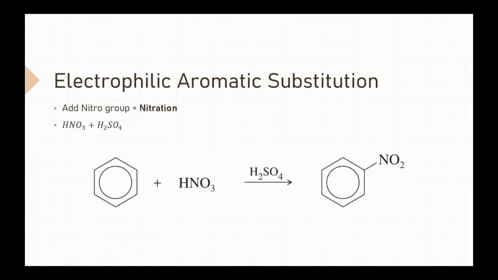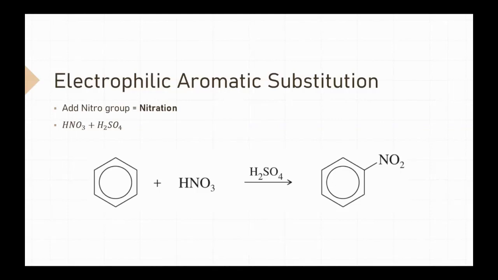Now adding a nitro group is just HNO3 and sulfuric acid. Remember this, these reactions come in pairs. One of them is the electrophile, the other one is what makes it an electrophile.